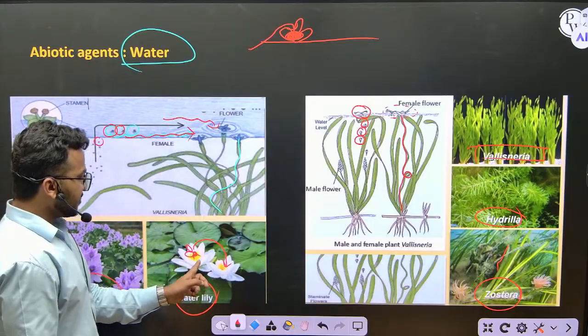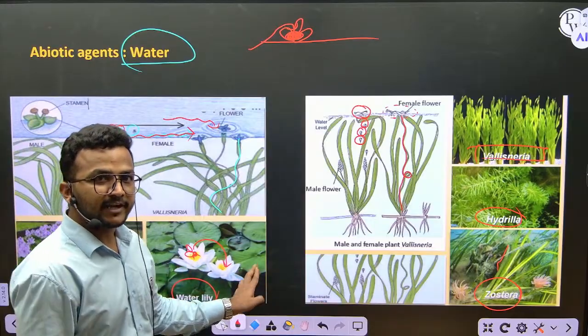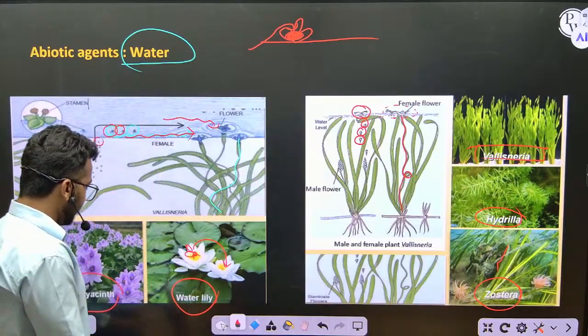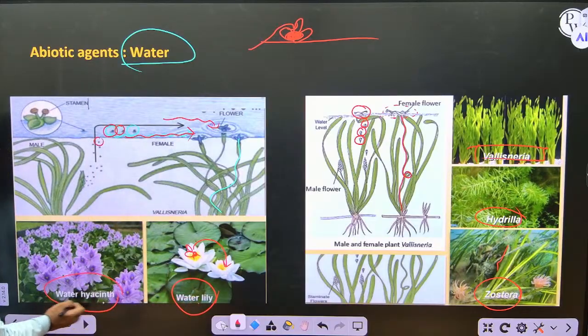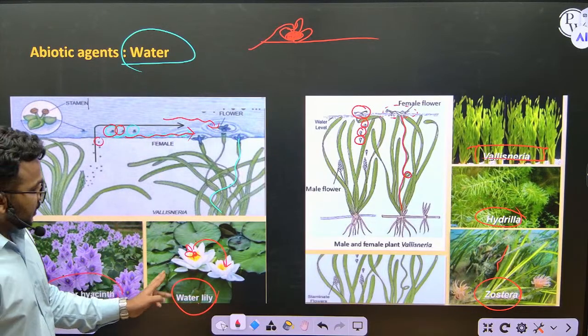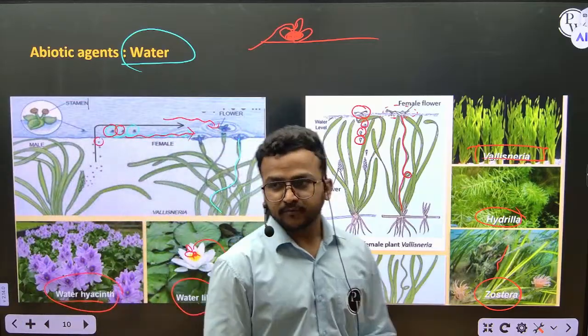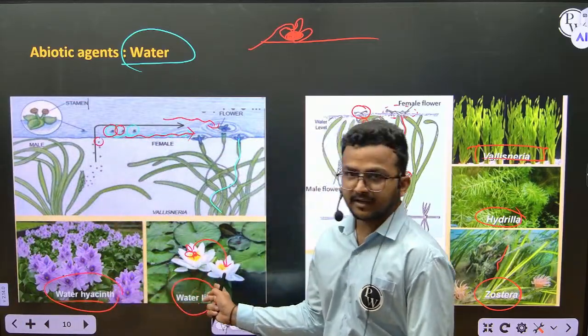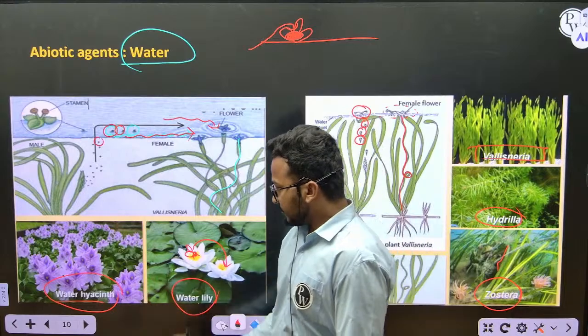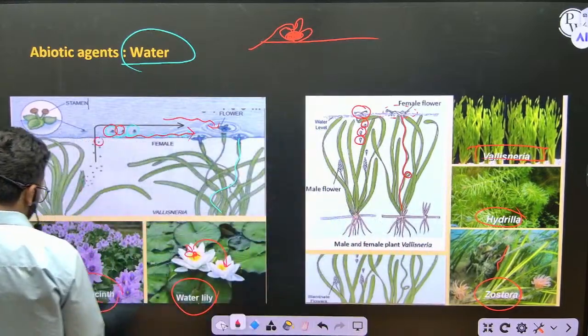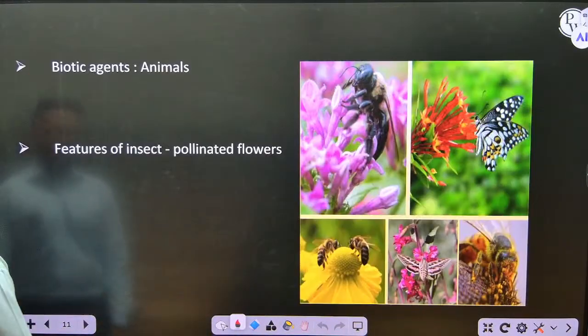So insects, or the wind. Wind is required to get pollinated in case of water lily and water hyacinth. There is no requirement of water there. Either wind or insects are required. So in case of water hyacinth and water lily, the pollination will take place with the help of insects.